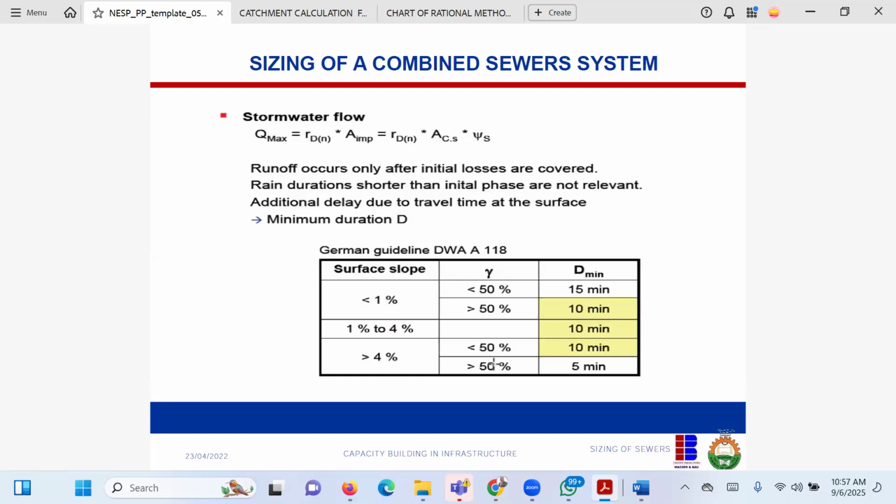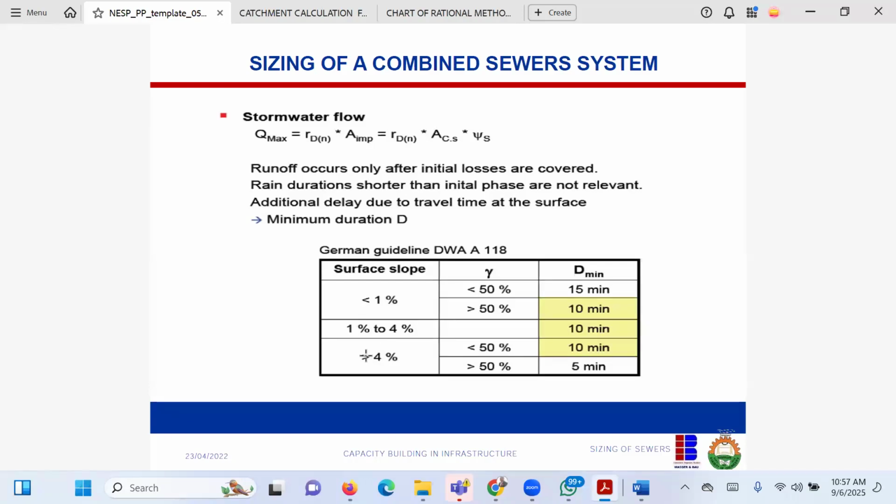This chart now shows you the impact of the slope and the paved area. Here is the paved area. And then how you choose your D. For me, and from experience, just choose 10 minutes. Here it's telling you that if the slope of the area is more than 4% and the paved area is less than 50%, still choose 10 minutes.